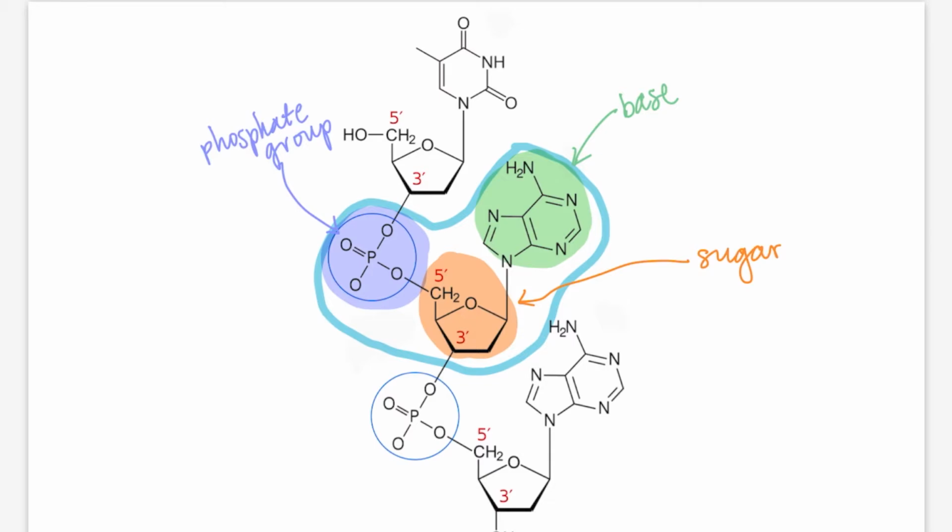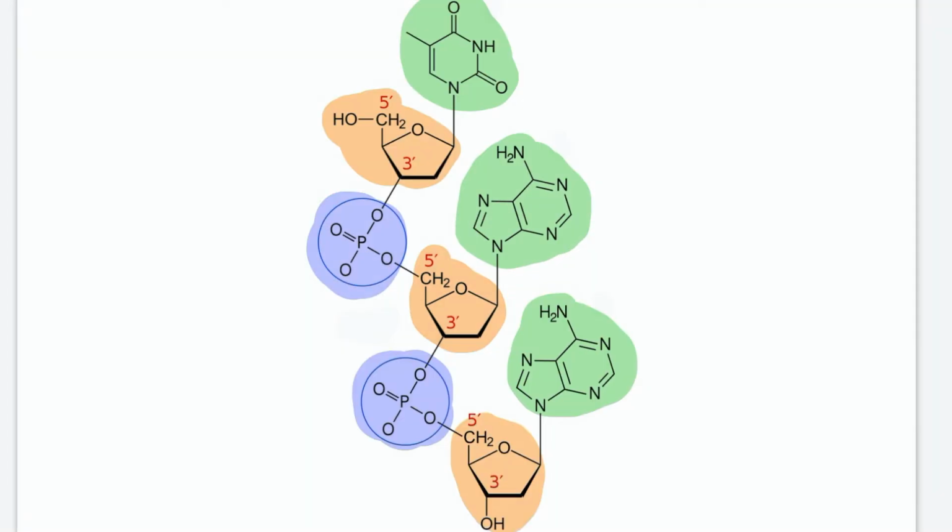And I know that what I circled is just one nucleotide because the base is coming off of the first prime carbon of the sugar, and the phosphate group is coming off of the 5' carbon of the sugar. So I've gone ahead and color-coded the rest of the components of each of the nucleotides.